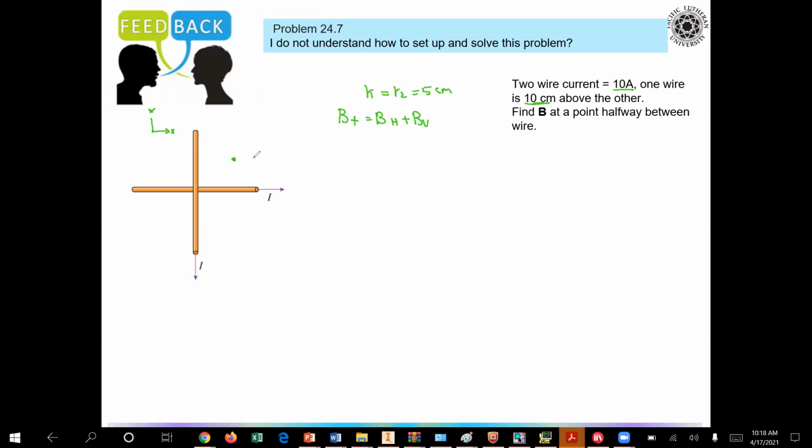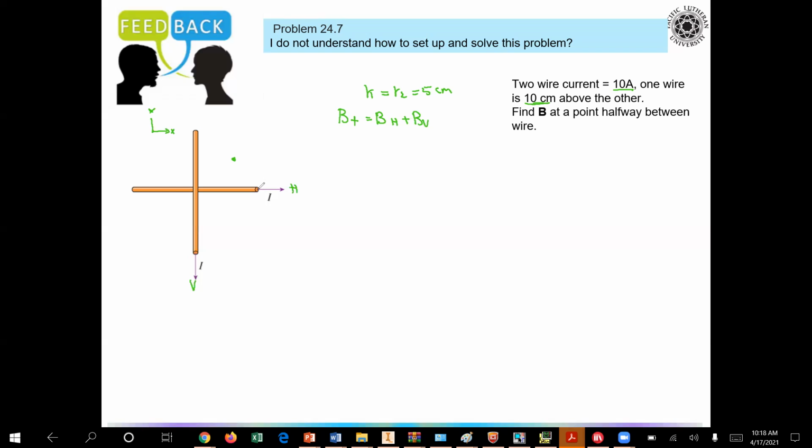component. Now, based on the axes, I need to identify the magnetic field from both wires. This one is the horizontal wire, and this one I want to call the vertical wire. Let's find, using the right-hand rule, where the magnetic field from the horizontal one points.